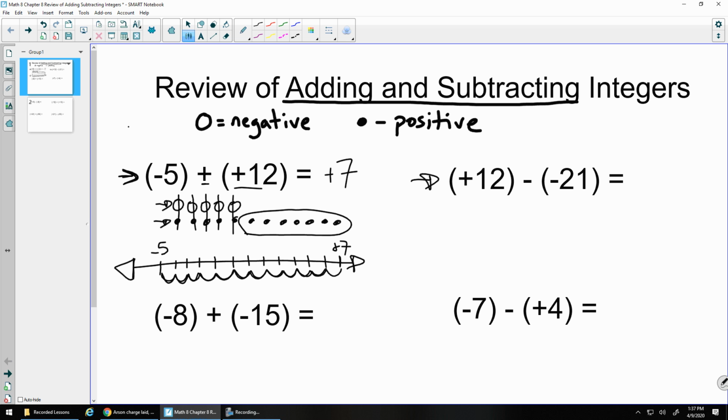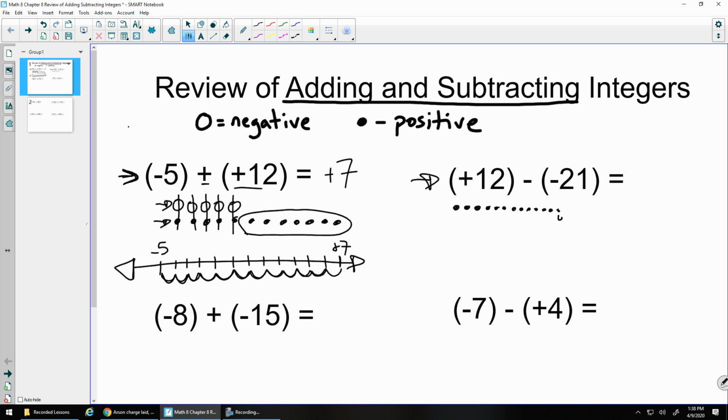Let's quickly look at this with integer chips. Oh man, I'm going to have to draw so many. So we have 12 positives: 1, 2, 3, 4, 5, 6, 7, 8, 9, 10, 11, 12. Now I have to take away 21 negatives. Well, there aren't any negatives in my diagram to be taken away. But I can add negatives to my diagram while still leaving it as overall positive 12 if I add a bunch of zero pairs.